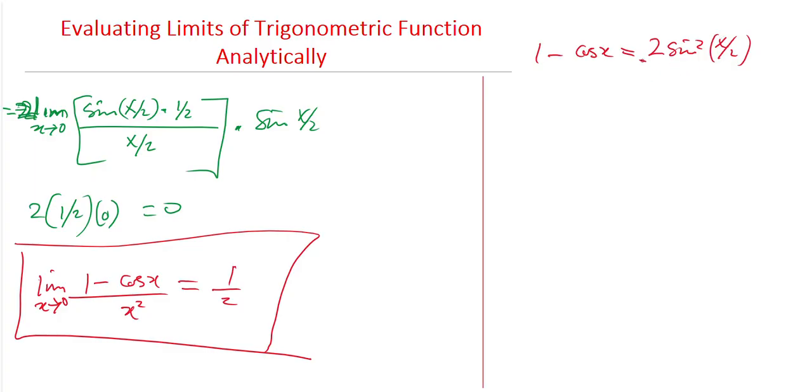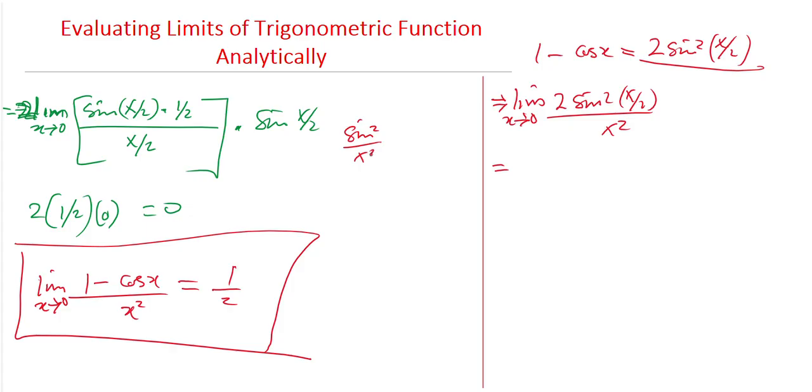Alright, so let's replace this in that expression, and that will imply that the limit as x approaches 0 of 2 sine square x over 2 all over x squared. Now we know that sine square all over x squared can as well be written as sine x all over x all squared, right? We can do the same thing here.